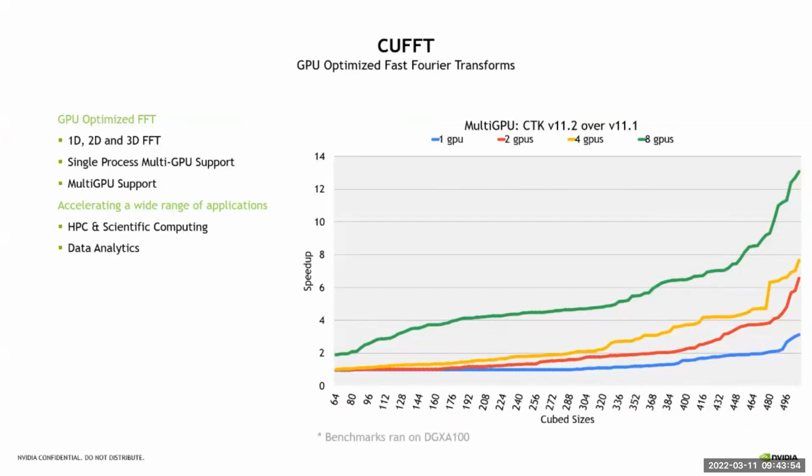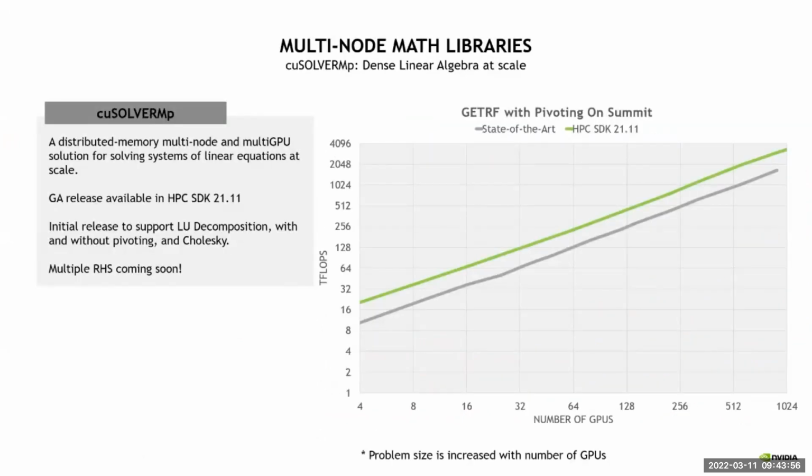Now, I mentioned at the beginning of this section that we're beginning to support multi-nodes in addition to multiple GPUs in the node on several of our math libraries. And so here's an example from the cuSolver library where we're able to scale up the performance across GPUs.